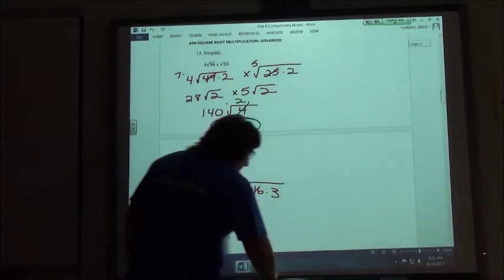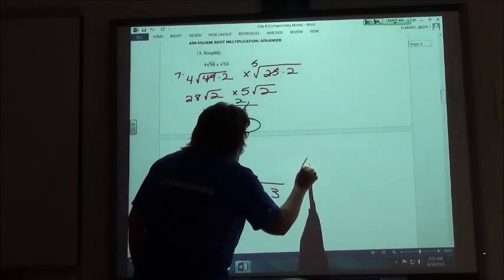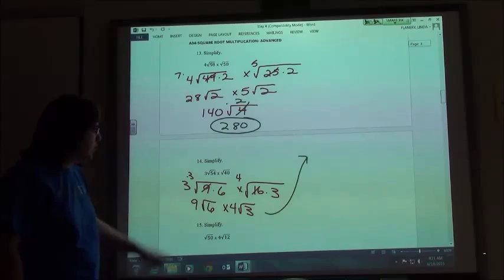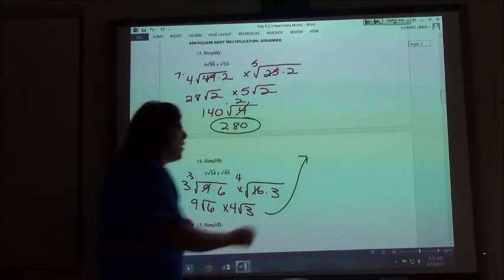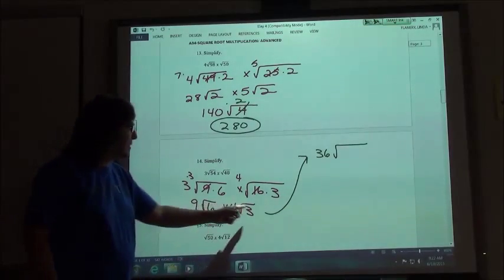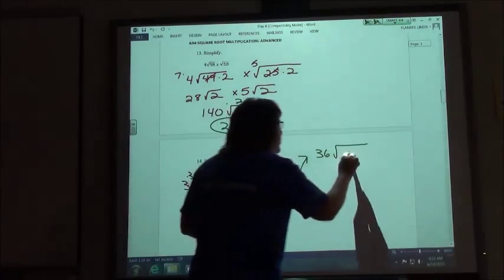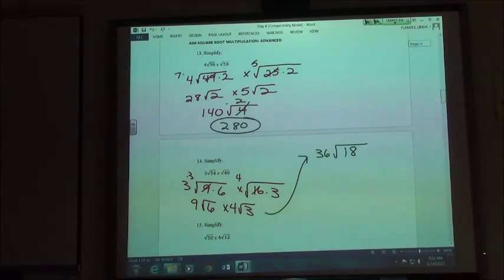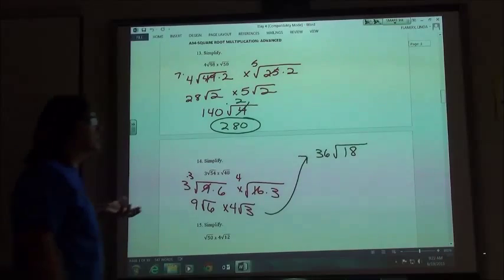So in this one, I'm going to take 9 square root of 6 times 4 square root of 3. I'm taking the 9 times the 4, which is 36. The square root of 6 times the square root of 3, 6 times 3 is 18. 18 is not a perfect square, but I can simplify that because 18 does have a factor that is a perfect square.